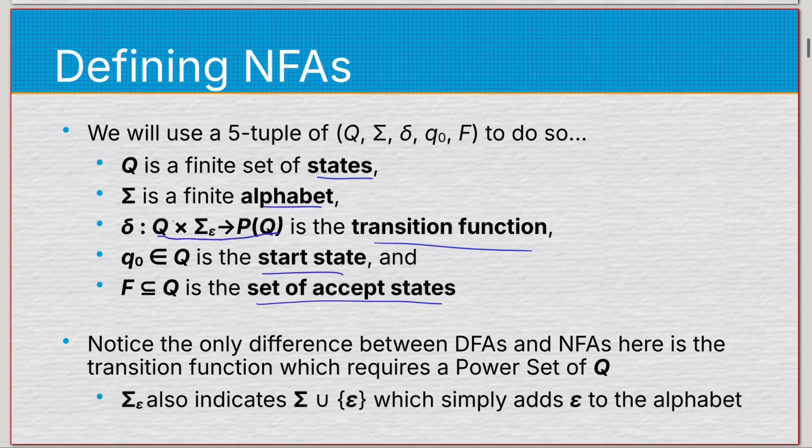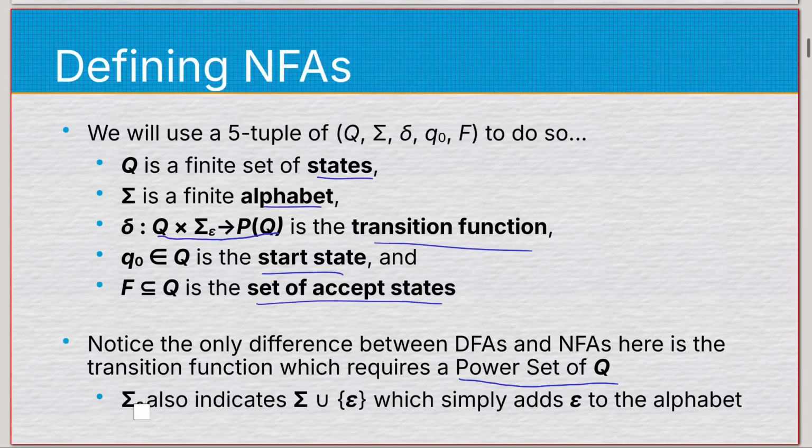This is a cross product of the alphabet with a subscript of the epsilon that indicates P of Q. So the primary difference there is the fact that we need a power set of Q rather than the set of Q itself, because we need every possible combination to derive that proper non-deterministic branching state that we can get.